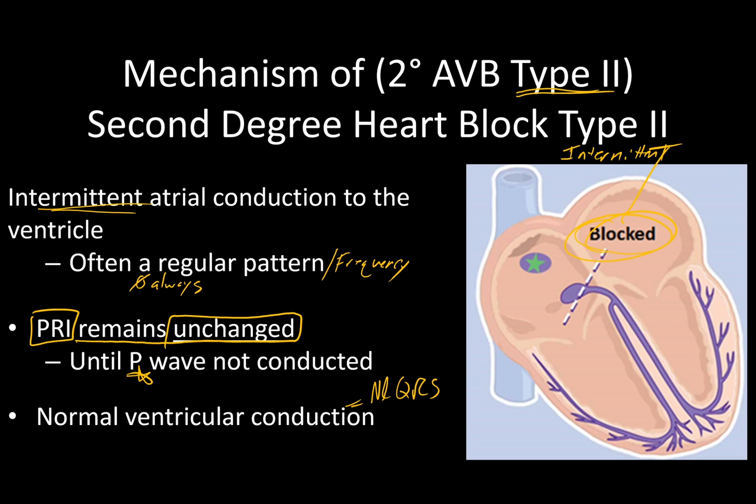Another way to look at it is that the AV node or AV junction will selectively conduct beats. Once it's in the ventricles, though, things are just dandy.